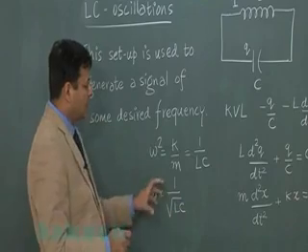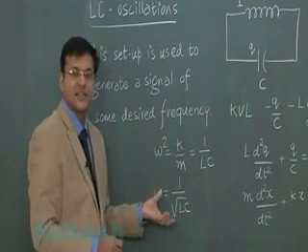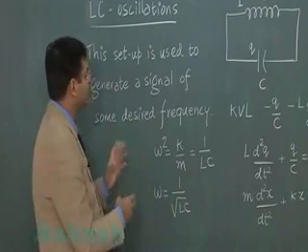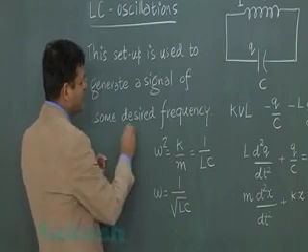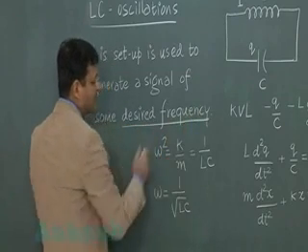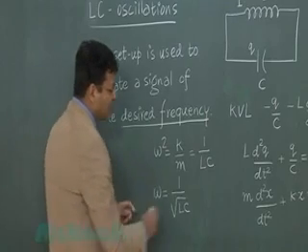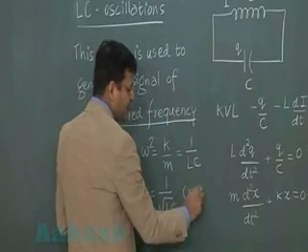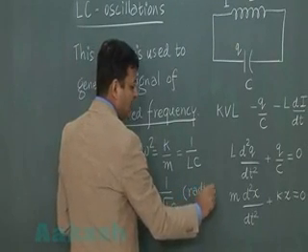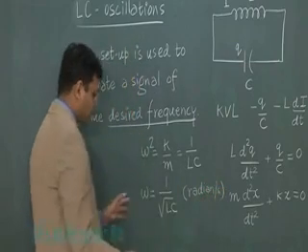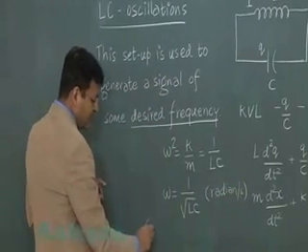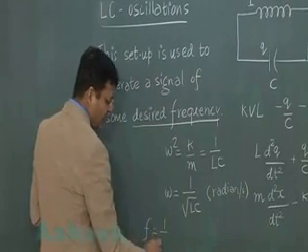So for LC oscillation, this is the desired angular frequency. Once we said of some desired frequency, this desired frequency is essentially this. This has the unit radian per second. In case you want it in hertz, then the frequency can be written as 1 by 2 pi under root LC.